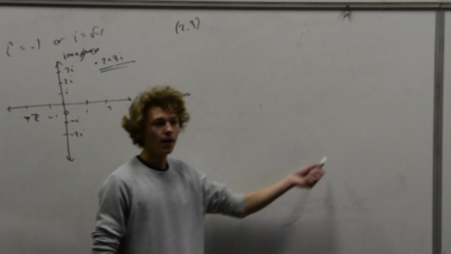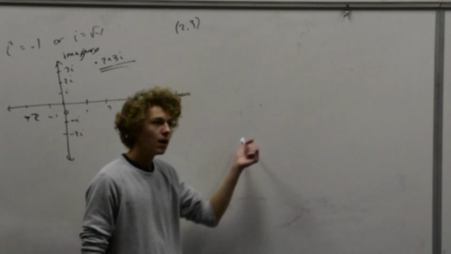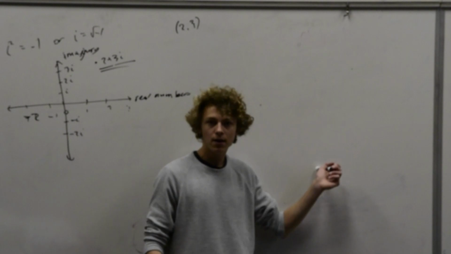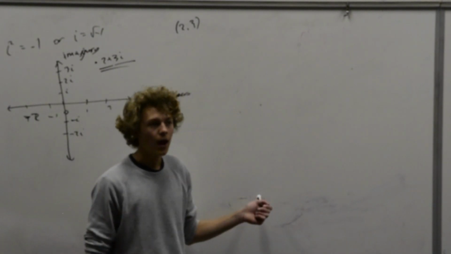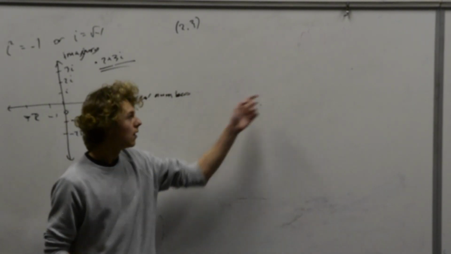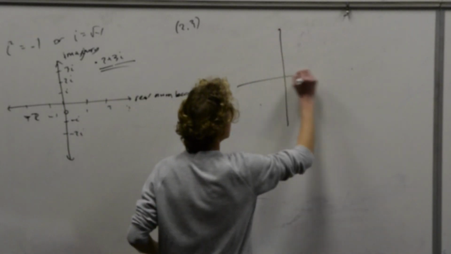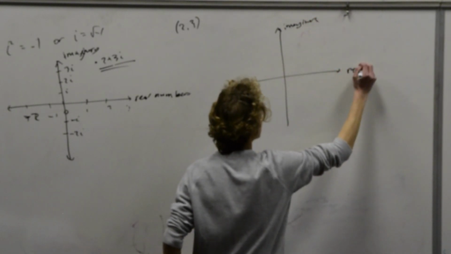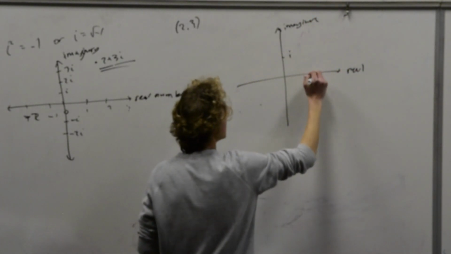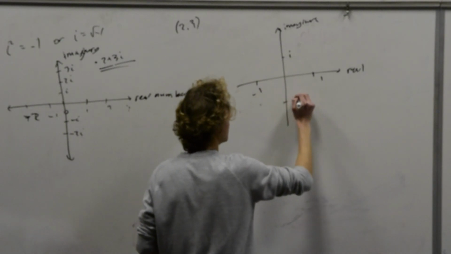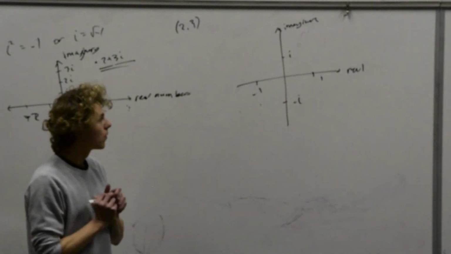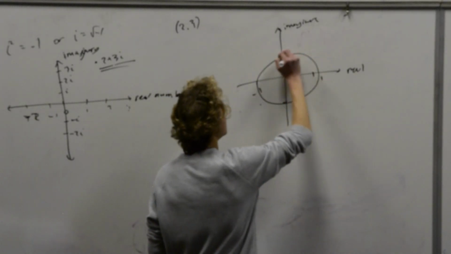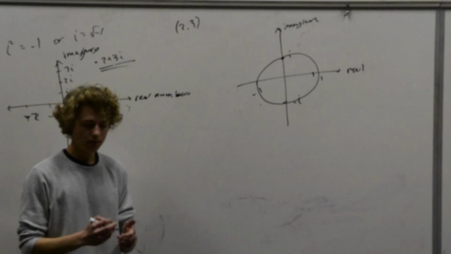Multiplying by i rotates 90 degrees counterclockwise, -i is 90 degrees clockwise, and -1 is 180 degrees. Here is our imaginary axis and here is our real axis, and we have i, 1, -1, -i. The cool thing is that all of these numbers sit on the unit circle in the complex plane.